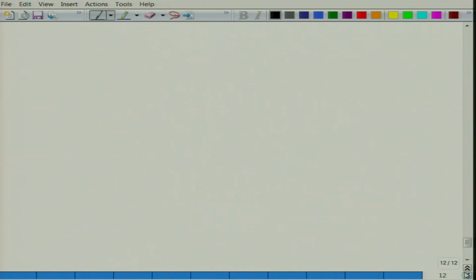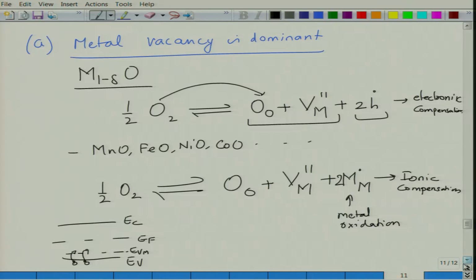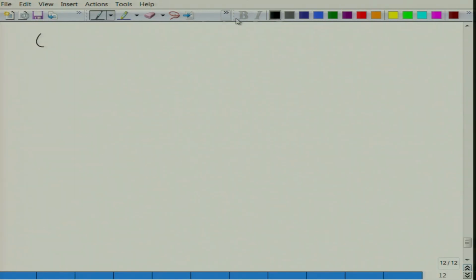So, now the last scenario is if metal deficiency is dominant, if oxygen interstitials are dominant. So, in the first case we took metal vacancy as dominant, in the second case we take oxygen interstitials as dominant.